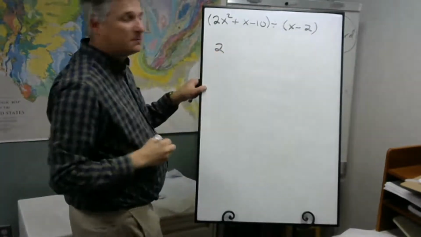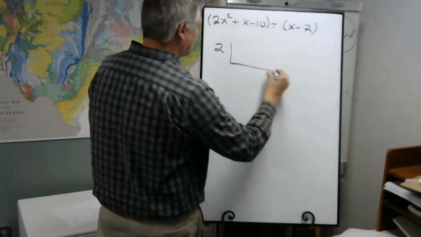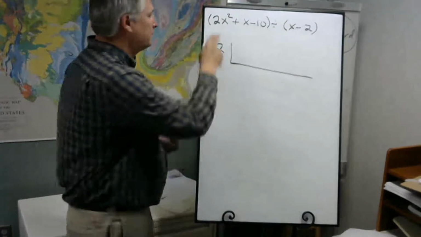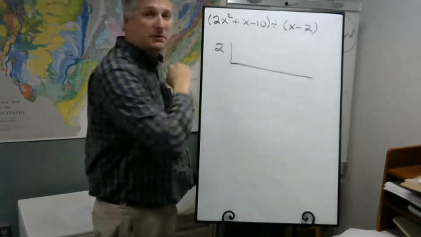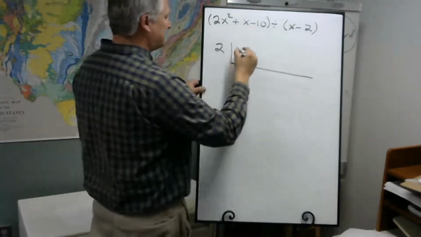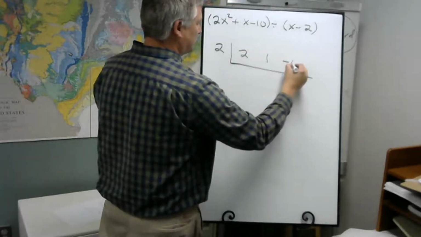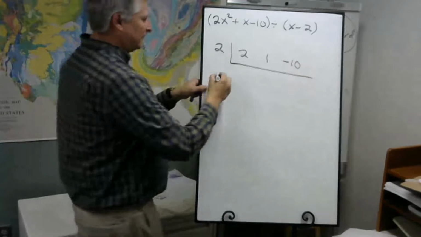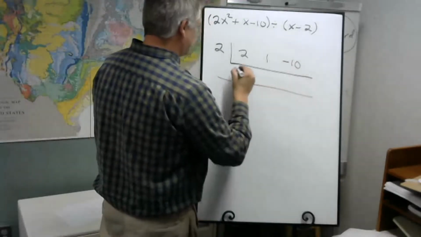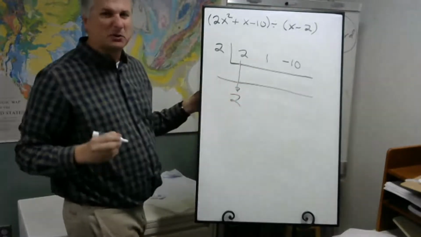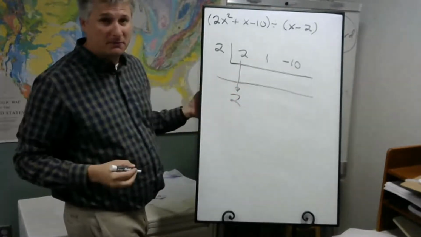We have the positive 2. Now, our polynomial's already in standard form. Degree 2, degree 1, degree 0. So we just list, and I think I called them terms, we really just want to list the coefficients. Bring down the first coefficient. I called it a term earlier, it's really just the coefficient.